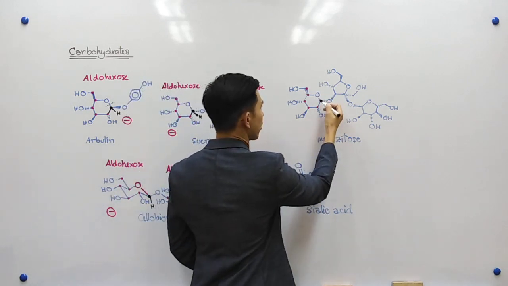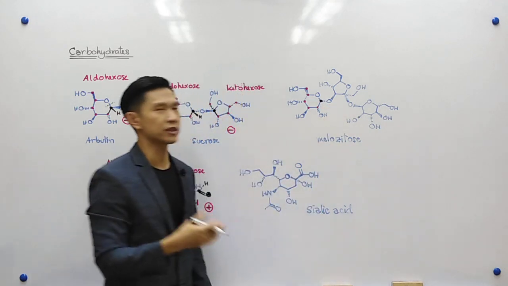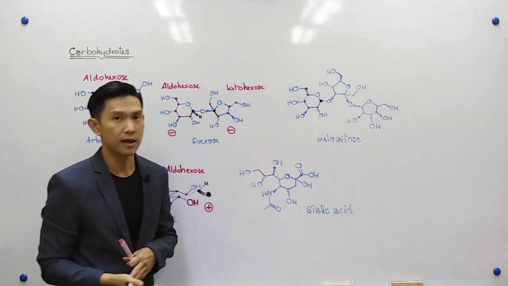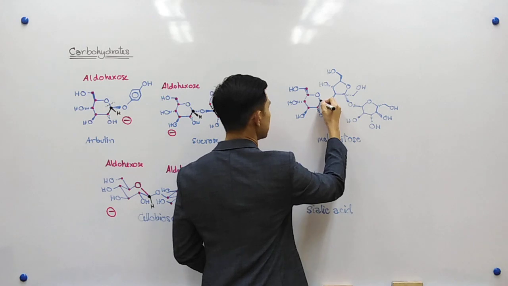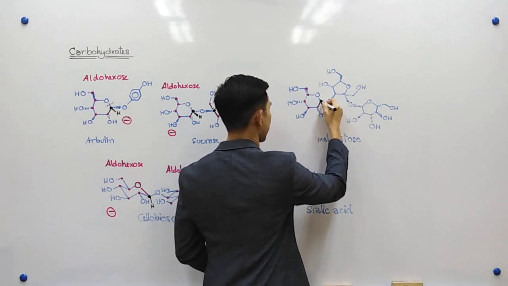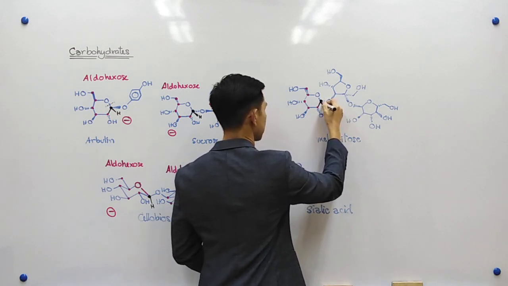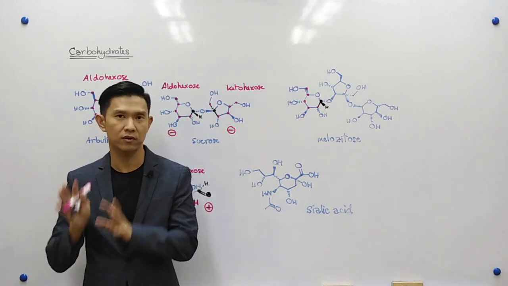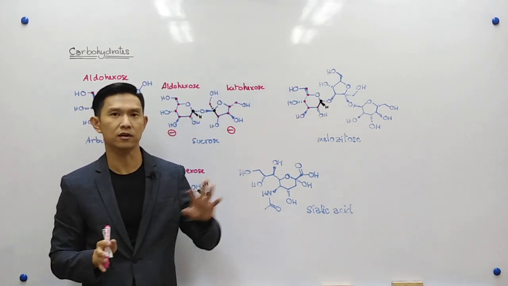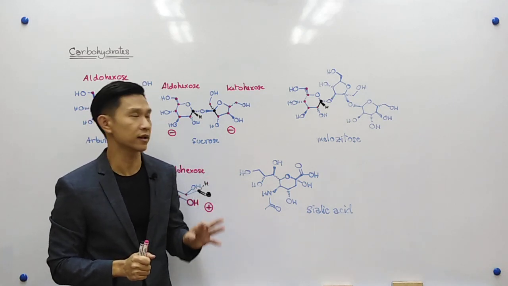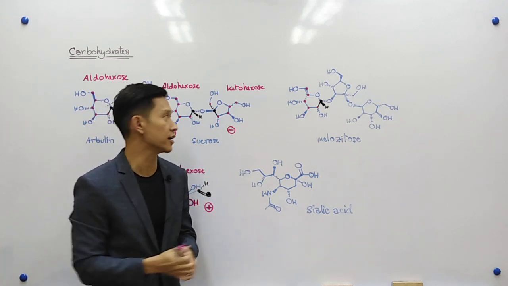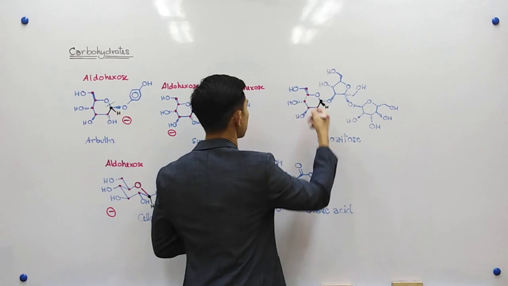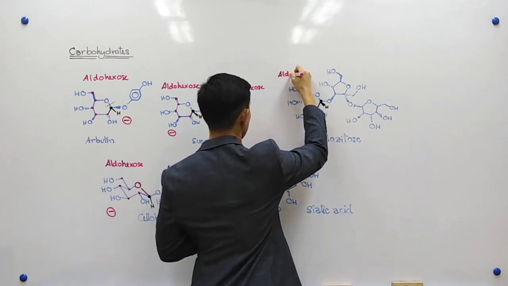So this is formally present as the carbonyl group, and your carbonyl group over here is linked with 1 carbon atom, and the other is a hydrogen atom. So both sides of your carbonyl group, one side is carbon, the other is hydrogen, so this is called an aldehyde. That means this molecule on the left hand is your aldohexose.